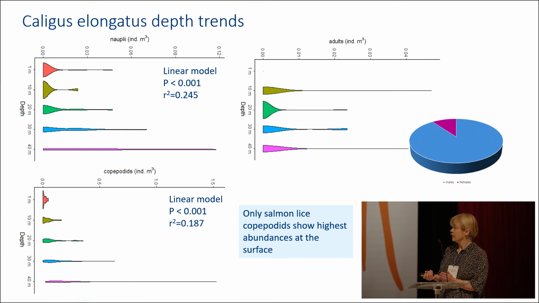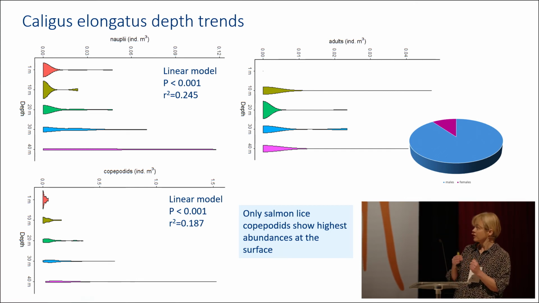For the nauplii and copepodites, the increase is significant, but for the adults, we don't have that many high numbers, so we can't see significant correlations. But still, we don't find any adults at the surface while they're present at depth.